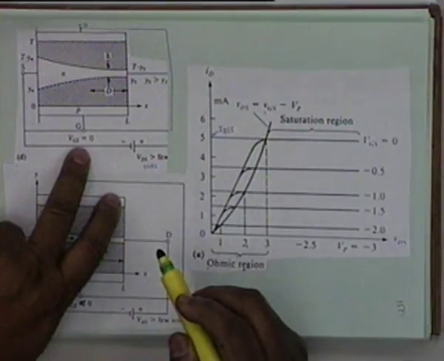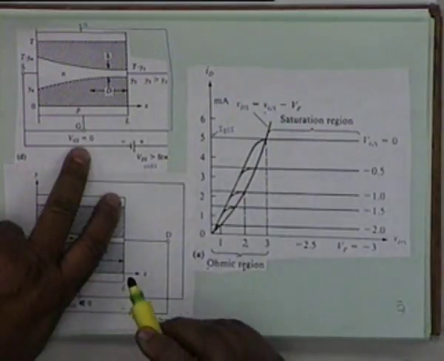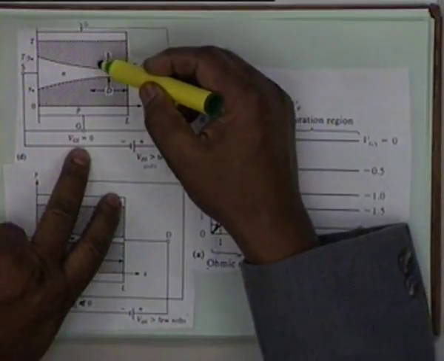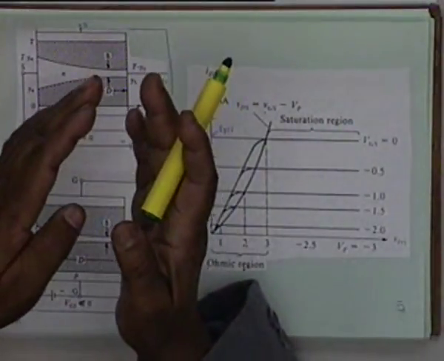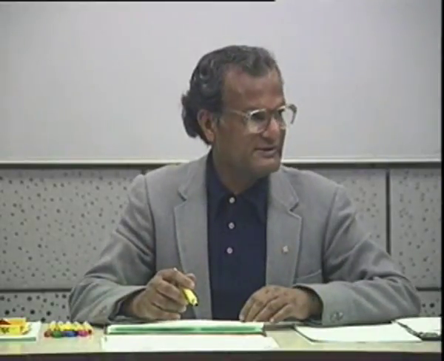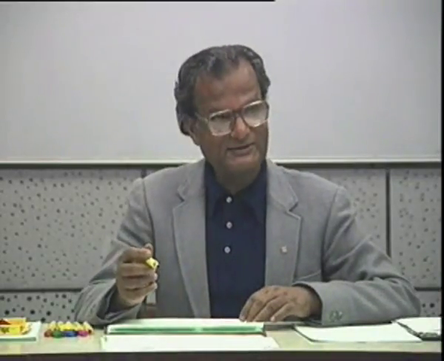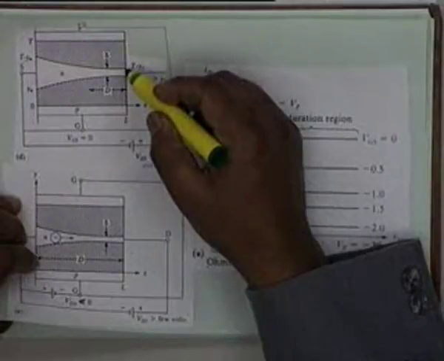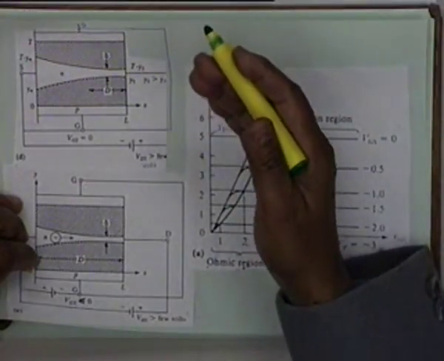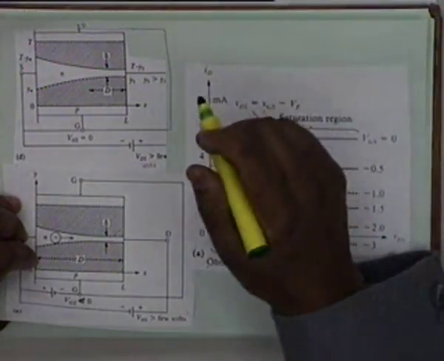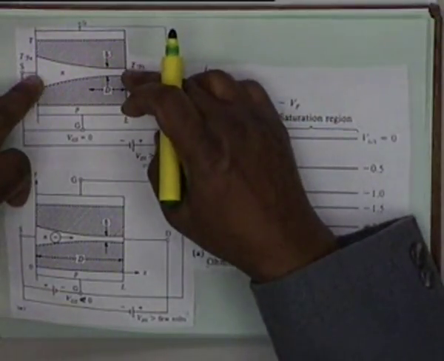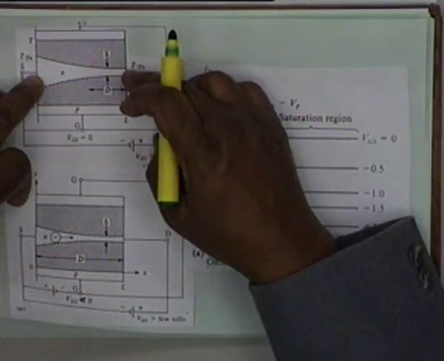Then obviously a pinch off condition will occur at this terminal, at this point. The two depletion regions will gradually try to merge towards each other, and we expect that the current should be 0. No, but then as soon as they merge at the drain terminal, a very interesting situation occurs. The material no longer remains an ohmic material.